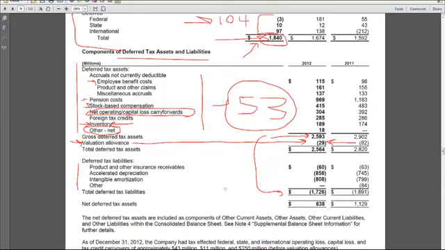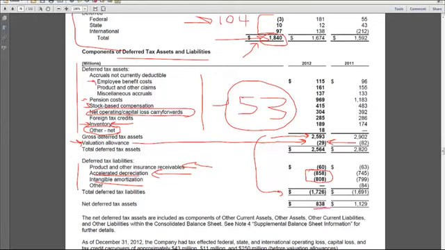Then we see the deferred tax liabilities. So there's some things with insurance receivables. Accelerated depreciation, this is they use accelerated for taxes, but then straight line for the books. Amortization of intangibles is the other big category of deferred tax liabilities.